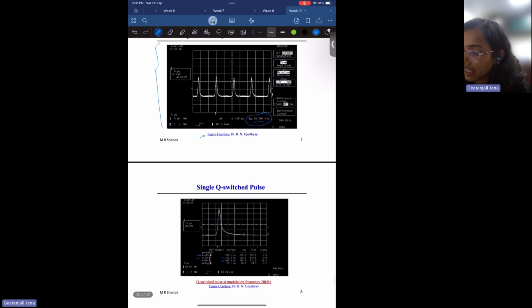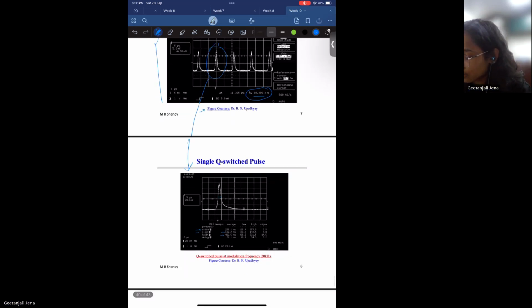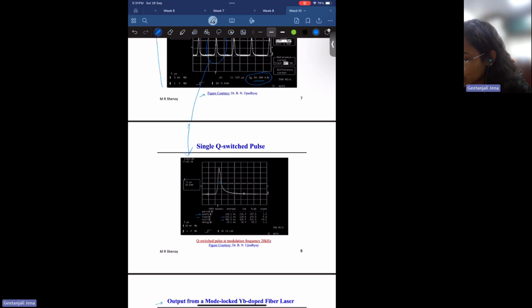If you take a zoomed-in picture, you can see this is the plot where the width is around 238.2 nanosecond, and there are different parameters, that is rise time, fall time. Although this pulse is not symmetric, by means of Q-switching you can get a pulse output.